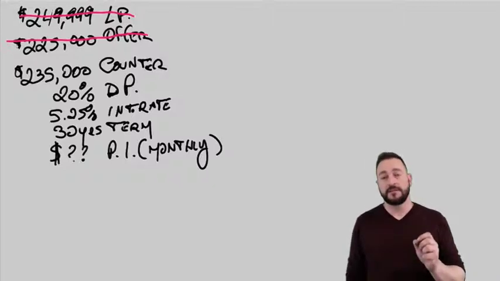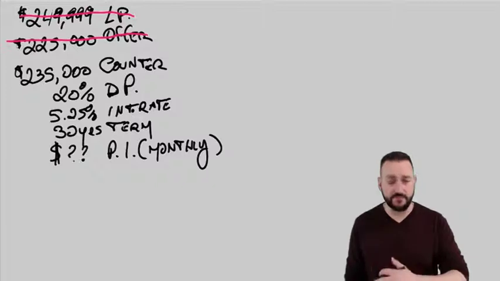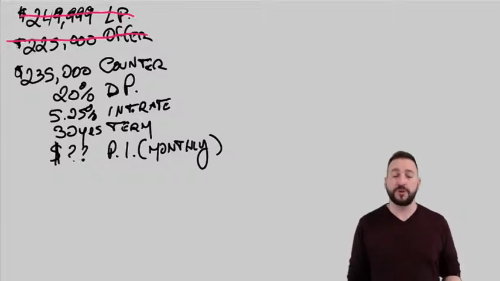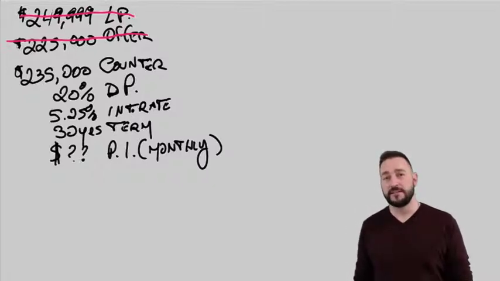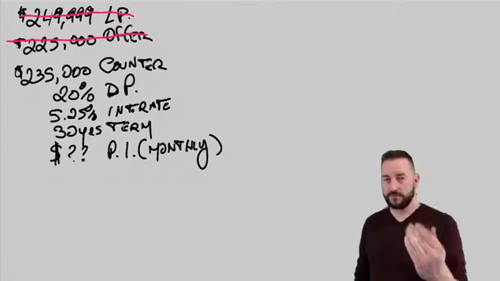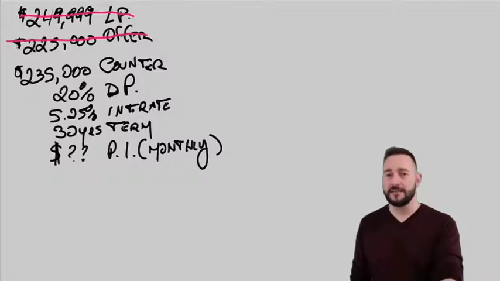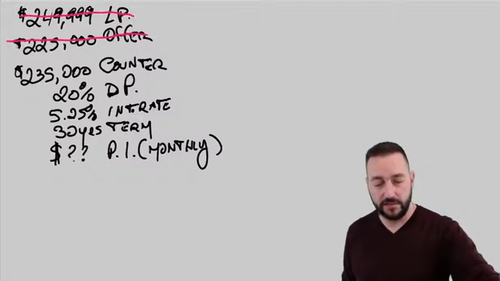Good. It says they put a 20% down payment and finance the rest at a 5.25% interest rate for 30 years. If you're trying to figure out the principal and interest, that's on the financing side. So if I put 20% down, that reduces the amount of loan that I need. And what we need to figure out is the loan amount. So here's what we need to look at.